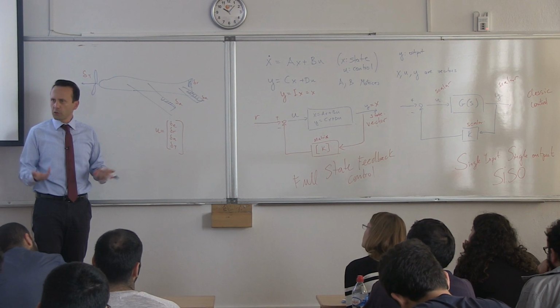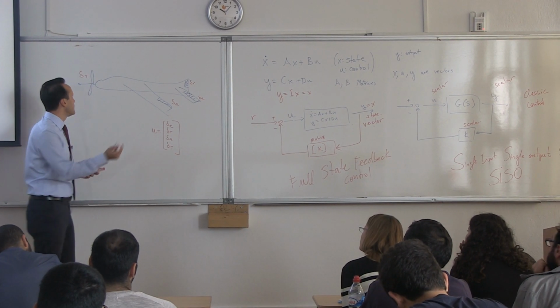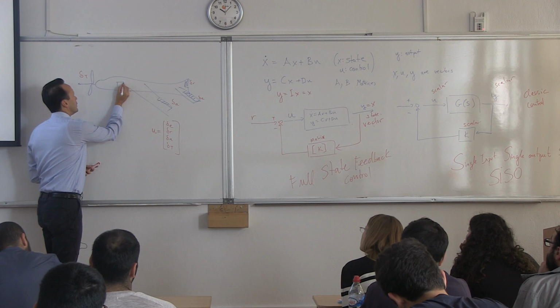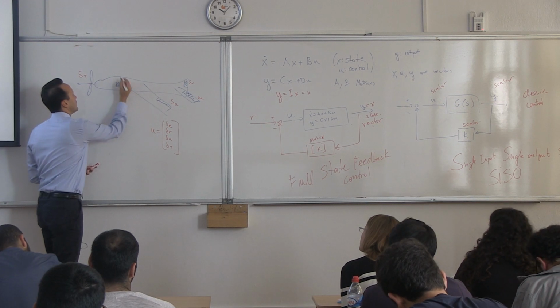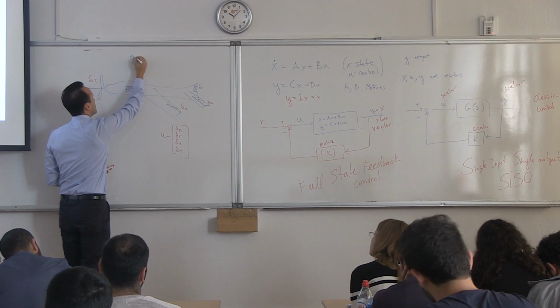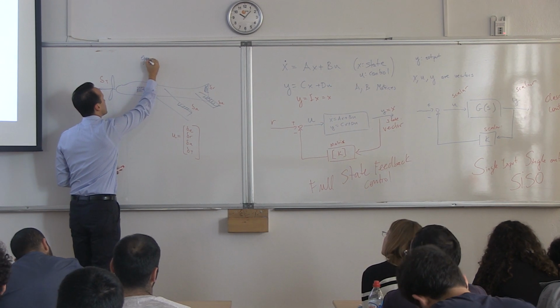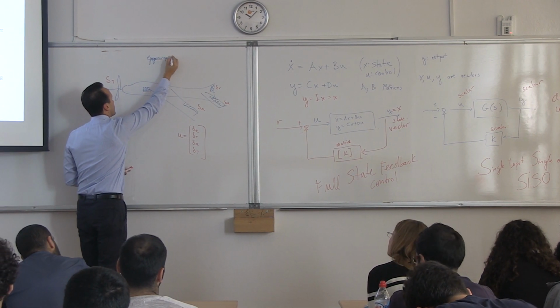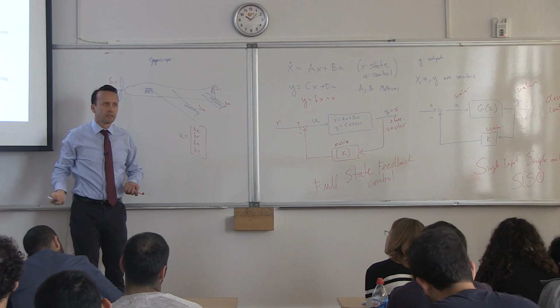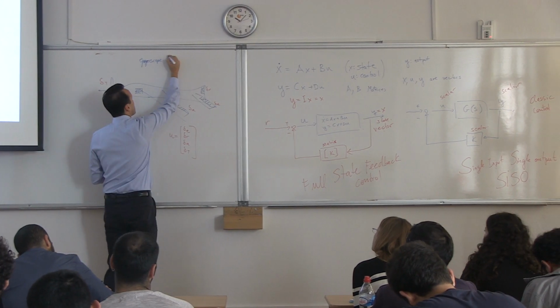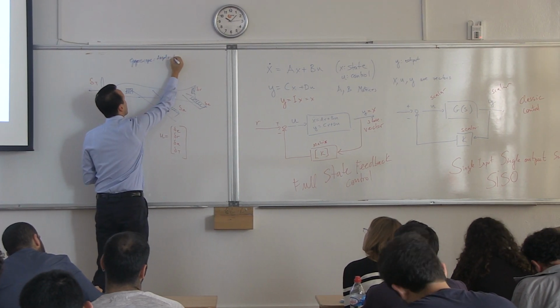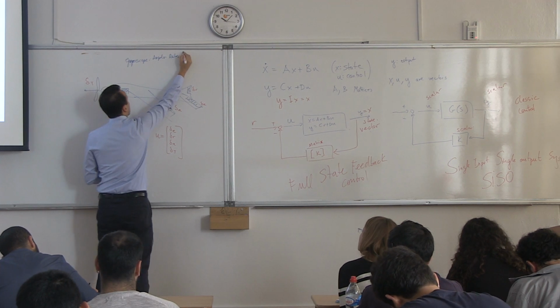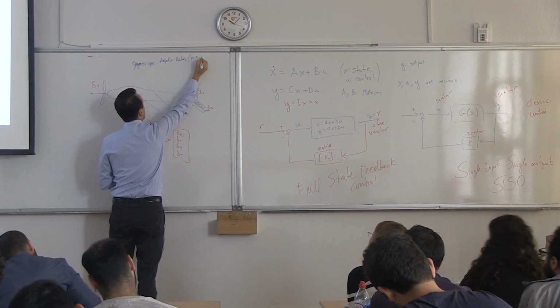For instance, we have a gyroscope. What does a gyroscope measure? It measures angular rates. It gives you P, Q, and R.